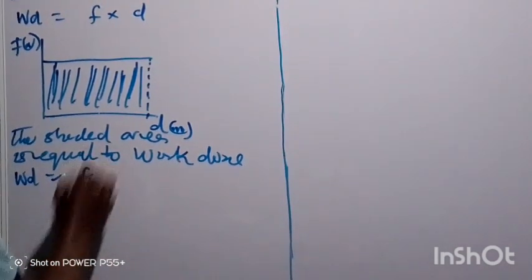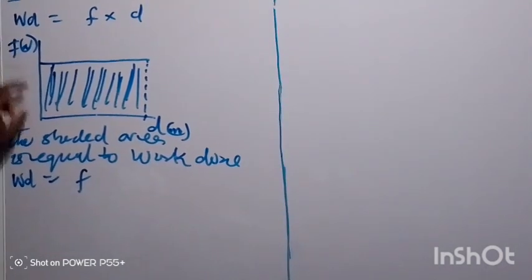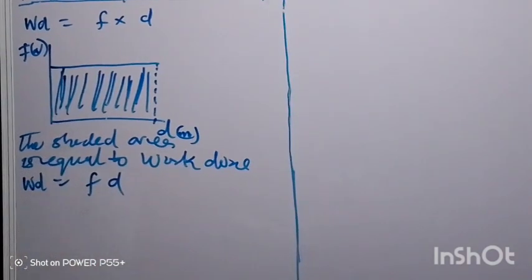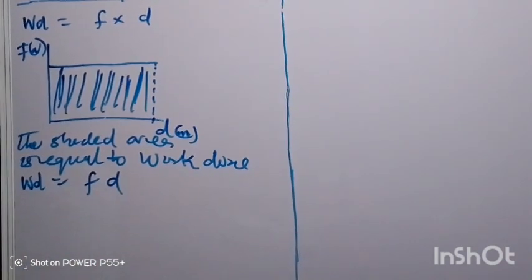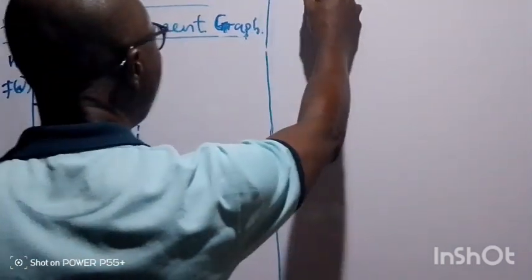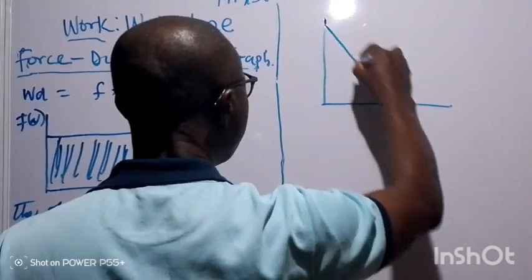That is, applying the mathematics formula, length multiplied by breadth, that is force multiplied by displacement. That is when the shape is in form of a rectangle. But let's say the shape is in form of a triangle like this.